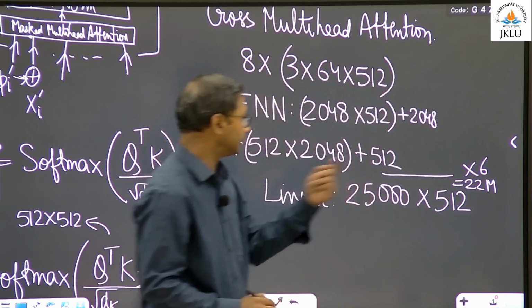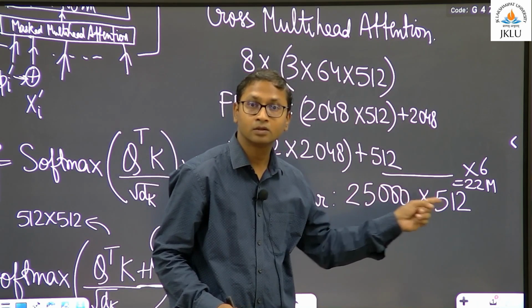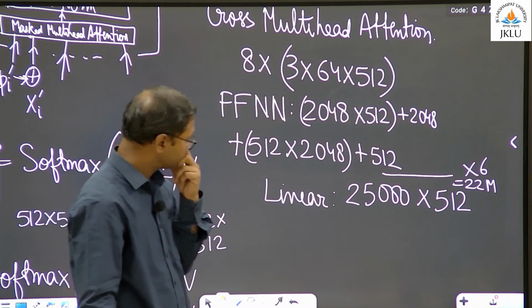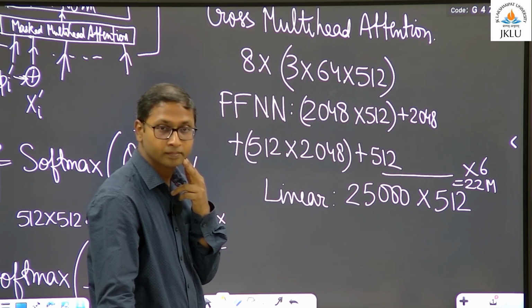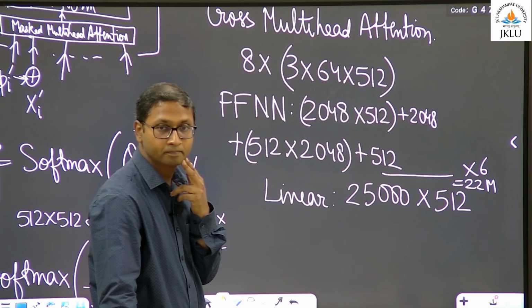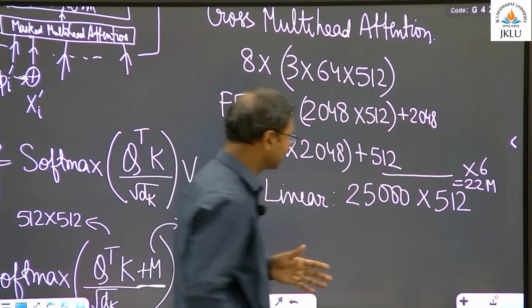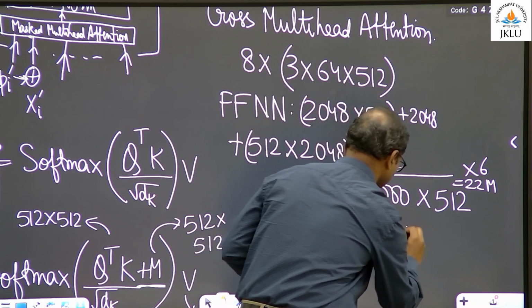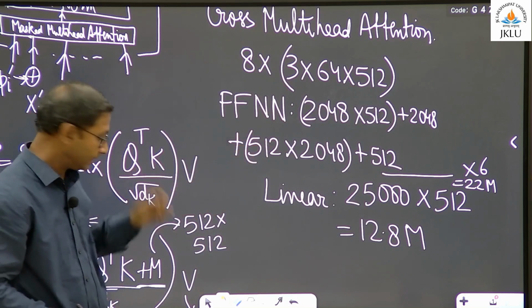And what is this thing? 12.8. This gives me 12.8. Okay. Now add all these three.